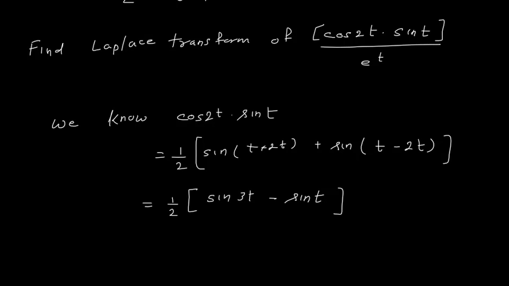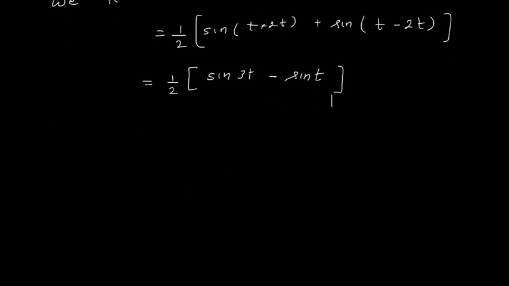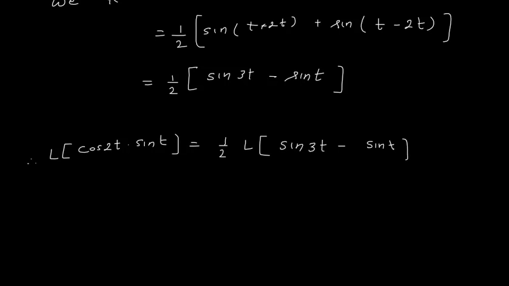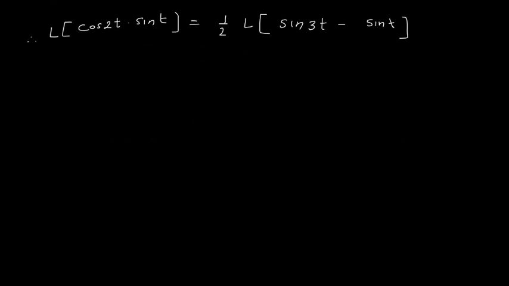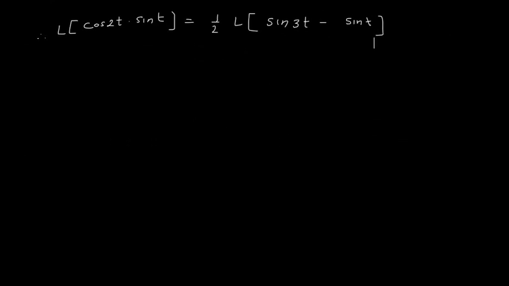Therefore, Laplace of cos 2t into sin t will be equal to 1 upon 2 Laplace of (sin 3t minus sin t). I will write 1 upon 2 outside.